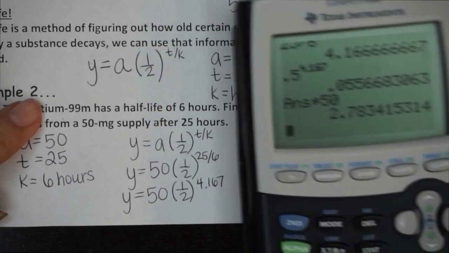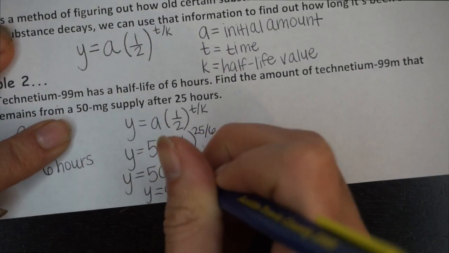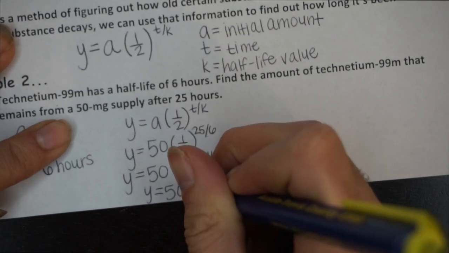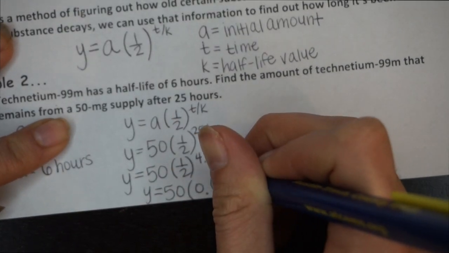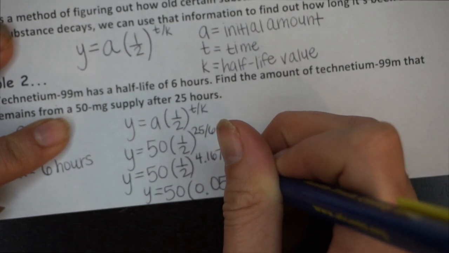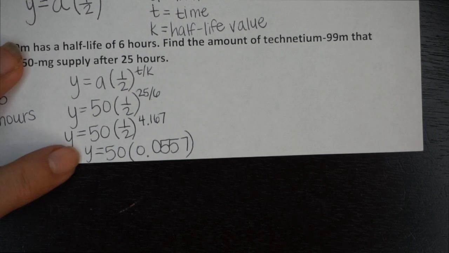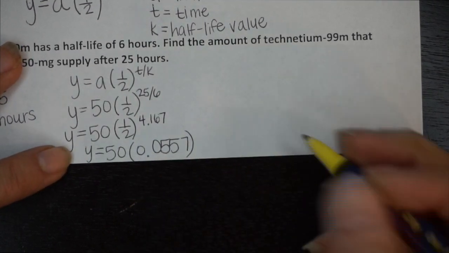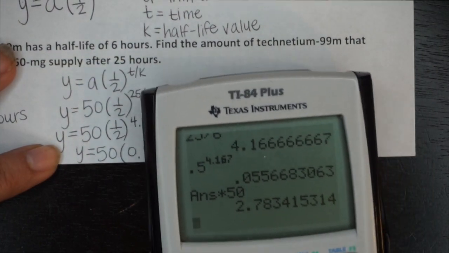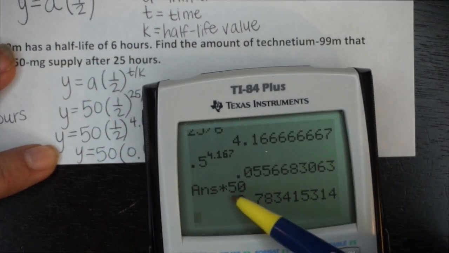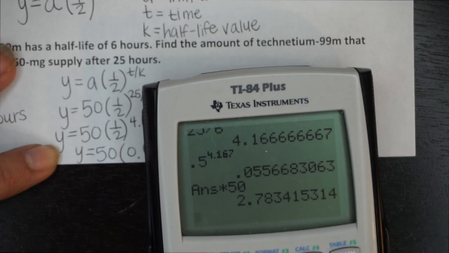Okay, all right, so y equals 50 times, that gave us 0.055, let's say about 0.0557, and then if you multiply that times the 50, which I did already on my calculator in this step here, you get 2.78.